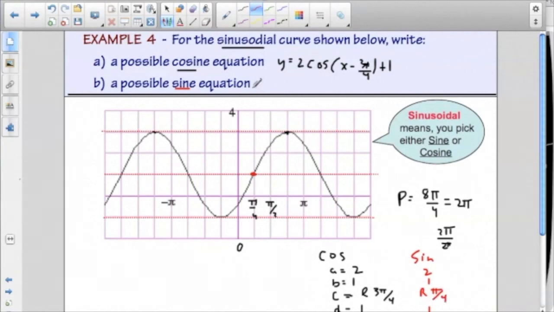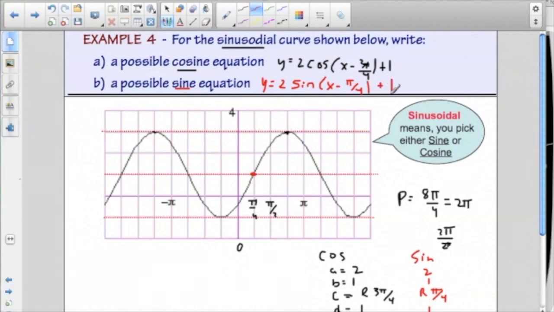All right, so we're going to go y equals 2 sine, B is 1, so just leave that, x minus pi over 4, and its bracket ends and plus 1.